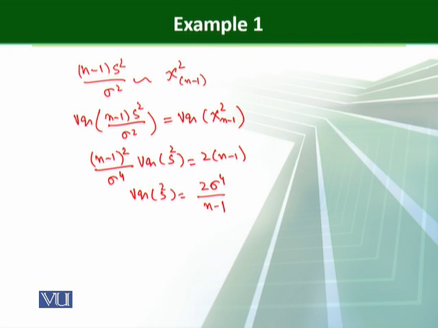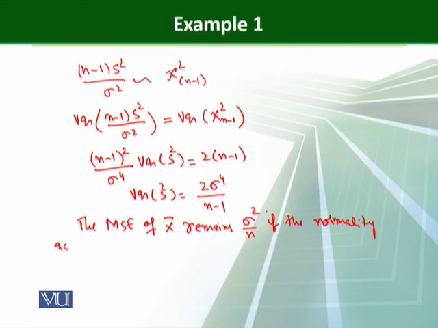Actually, we are interested in the MSE. The MSE of X bar remains sigma square over n if the normality assumption is dropped, because that is a well-defined result.